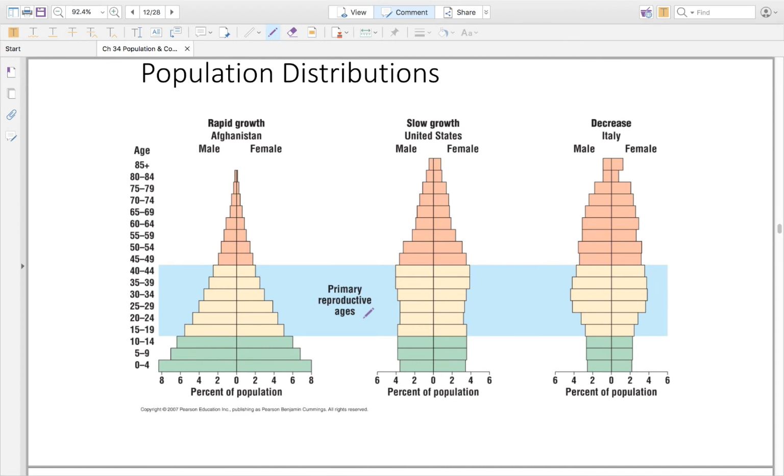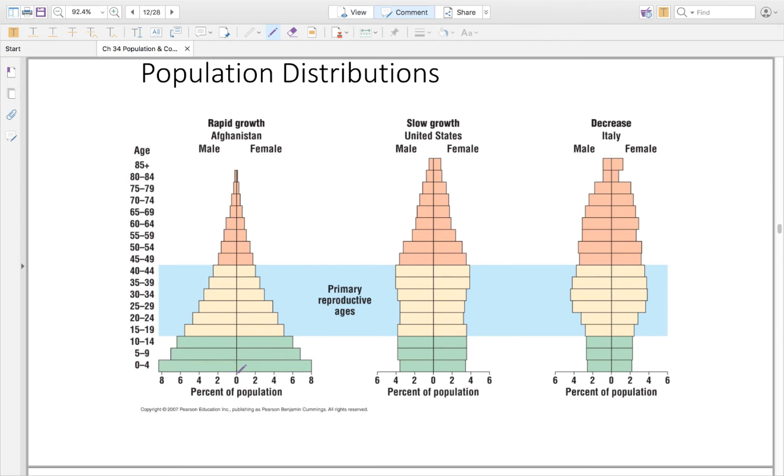All right, so we can actually look at population distribution patterns and see a perfect pattern. So in a rapidly growing population, let's look at this graph. Now it's split into female on one side, male on this side, and 0, the age, these are ages, of course, and 0 is obviously birth.